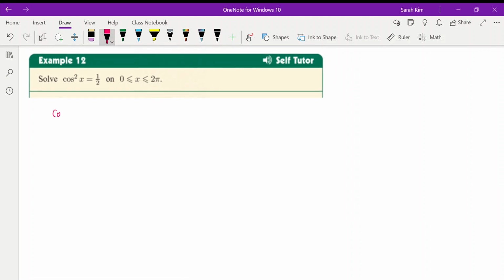Alright, so if I want to solve cos squared theta, I'm just writing theta, but you could definitely write x because that's what they wanted to do. So if I want to get cos x, I can't really use the unit circle with cos squared theta because that's not the values I want. So make sure you square root them. So I get plus or minus 1/4.